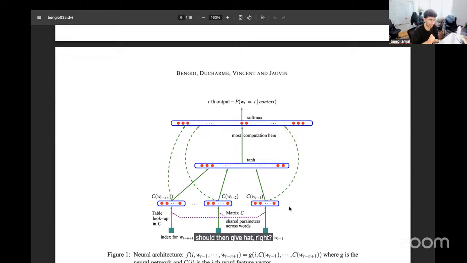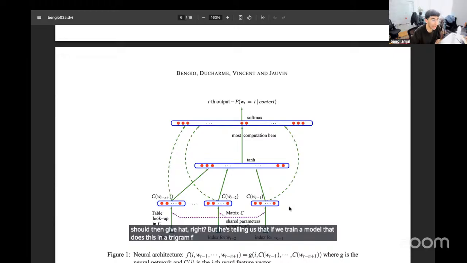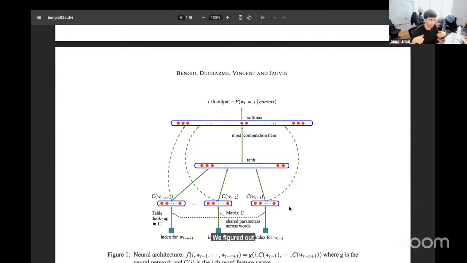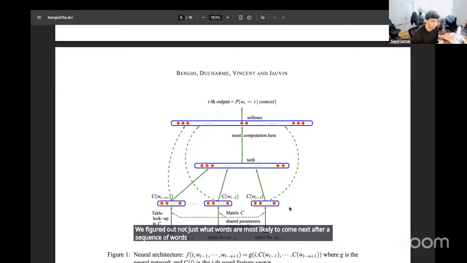But he's telling us that if we train a model that does this in a trigram fashion, and we're a little bit careful about the way that we train our model, we can end up with a model that doesn't only predict the next word, it also predicts word embeddings. And when we predict word embeddings, we've done something amazing. We figured out not just what words are most likely to come next after a sequence of words, we figured out what words in the English language are more similar and should be clustered together, and what words are more different.